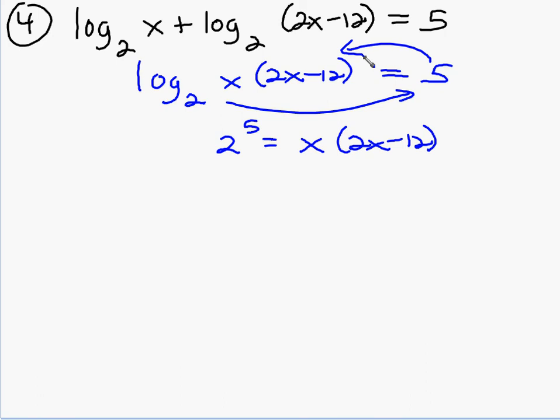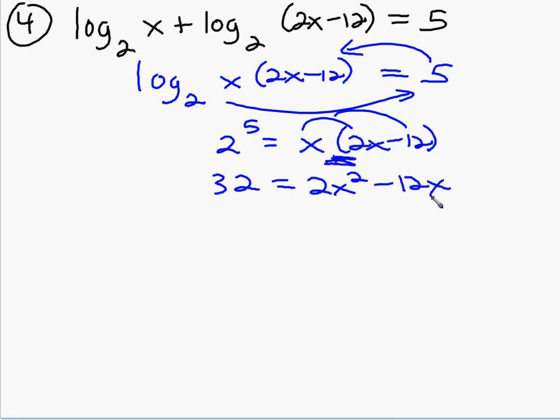Now let's make sure we don't go into some bad algebra here. 2 to the 5th is, let's see, 2 cubed is 8, 16, it's 32. You have to do the distributive property here. You can't split this up and set it equal to 32. So this is 2x squared minus 12x.